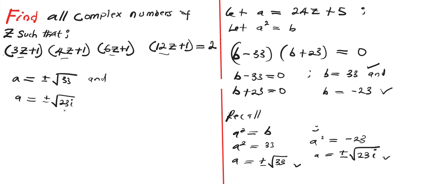Now let's recall again that a is equal to 24z + 5.